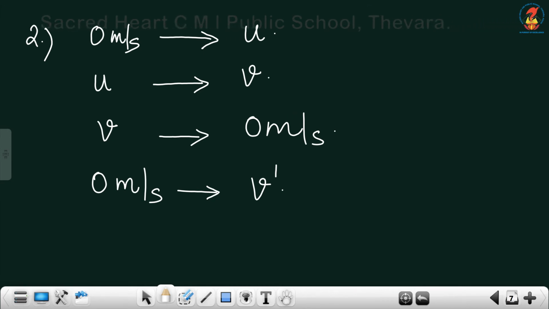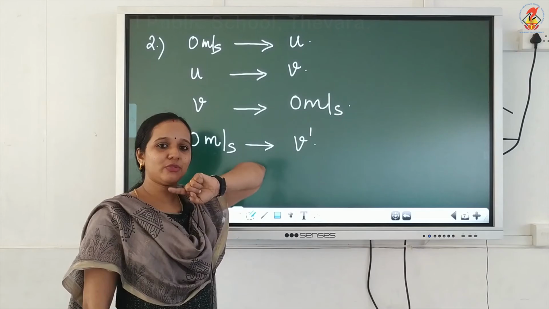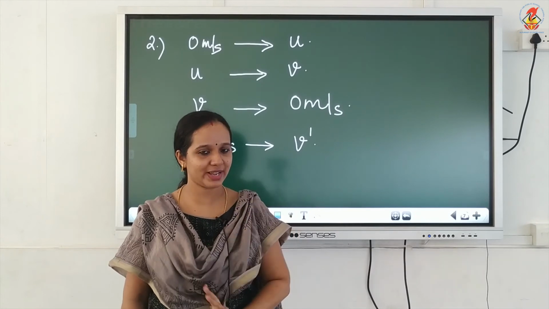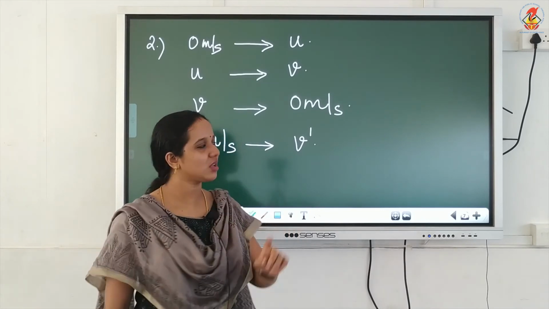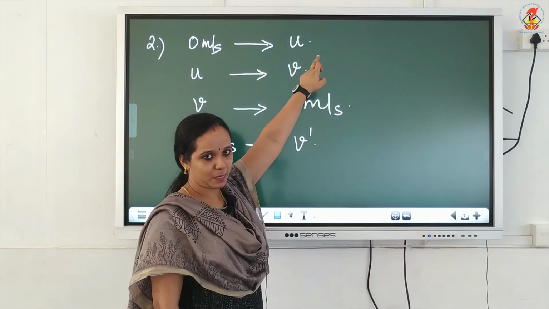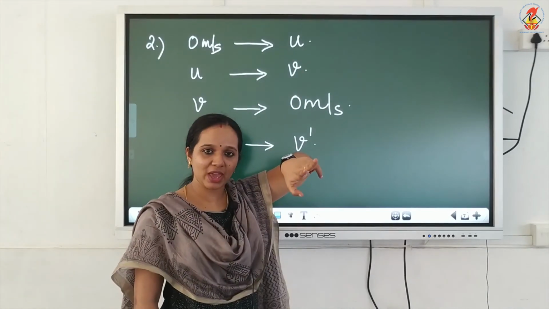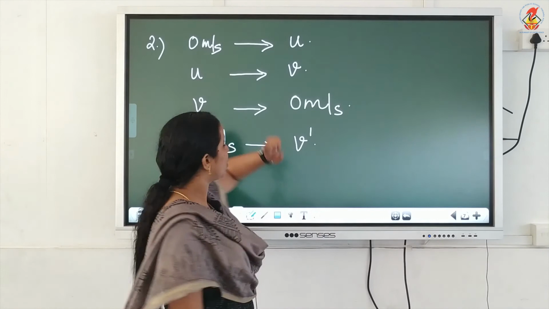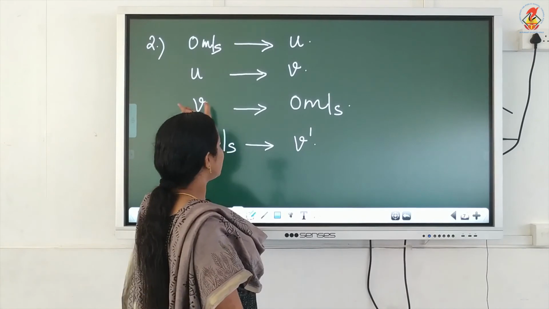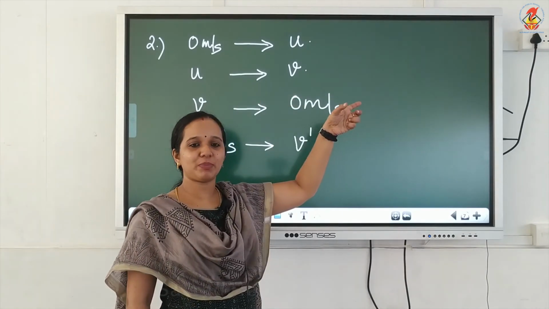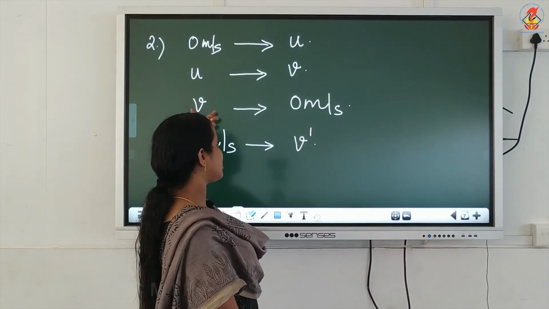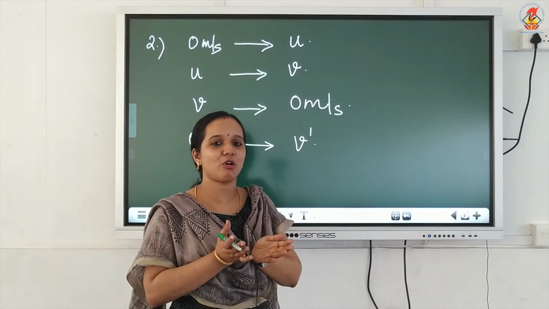So, initially the football was at rest. When the football player kicks it, that is, he applied a force on it. As a result of that force, the velocity got changed from 0 to u. Then another football player again kicked it. So, again the velocity changed from u to v, and the goalkeeper collected it. So, again the velocity changed from v to 0. Collected it means the ball has come to rest.